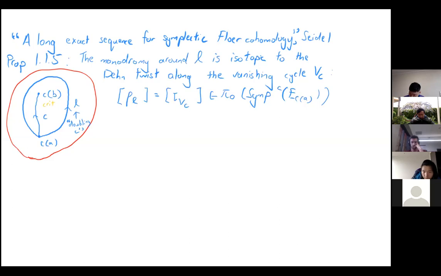Actually, from the Picard-Lefschetz theory, you will see that this kind of monodromy, if you lift it up to the fiber, will give you a symplectomorphism from the starting fiber back to the starting fiber again, because this is monodromy.